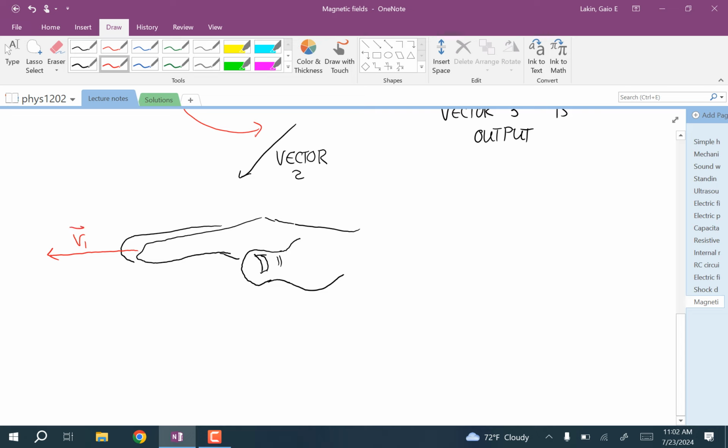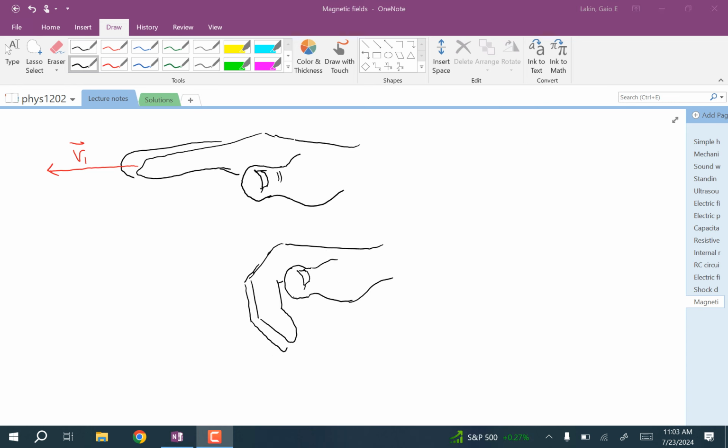Okay, so I'll call that V1. And now I'm going to show your hand position showing V2. If you fold your fingers over like this, V2 is coming out of the tips of your fingers. So this would be your vector V2.